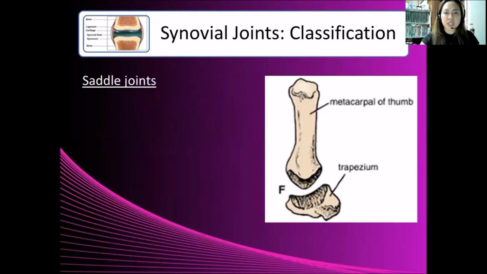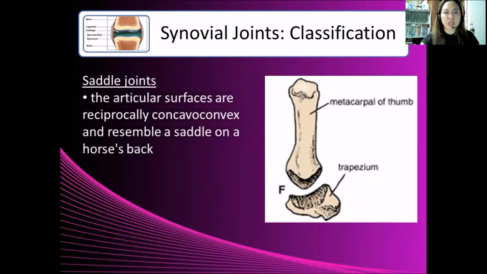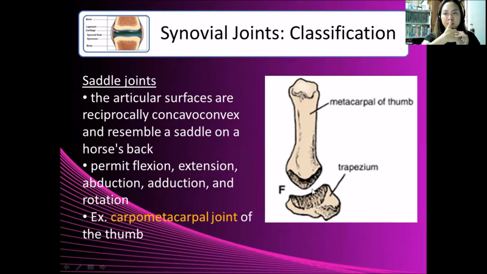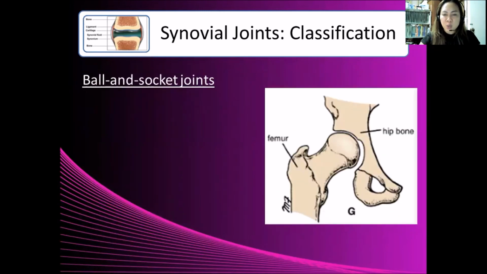Then we have saddle joints. Saddle joints, the articular surfaces are reciprocally concavo-convex and resemble a saddle on a horseback. Ganito ang itsura. Okay, permit flexion, extension, abduction, adduction, and rotation. Example is your carpometacarpal joint of the thumb. Then we have ball and socket joint.